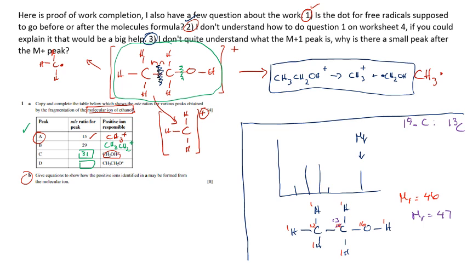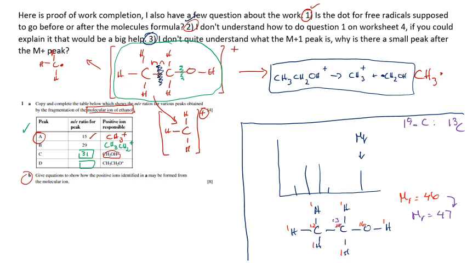So that is why we get an n+1 peak, because you see 47 is plus 1 compared to the molecular ion peak. Now that doesn't happen with oxygen or hydrogen in the same way.